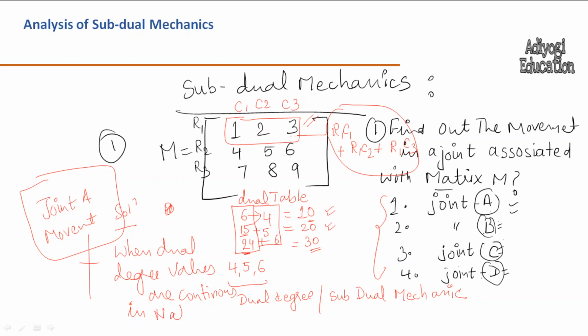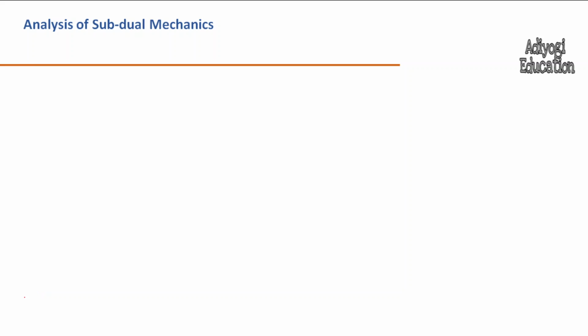In such a scenario, we call it joint A. For this question, we got continuous values, that is 4, 5, 6. It means it is joint A. The answer to this question is joint A.